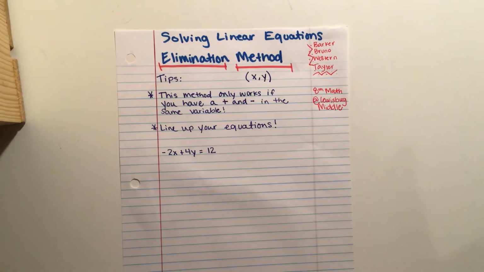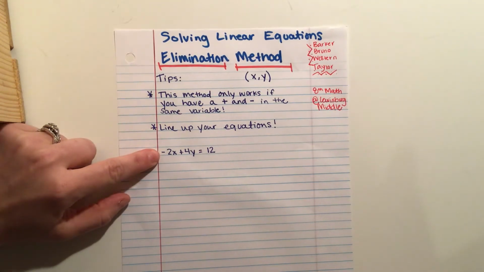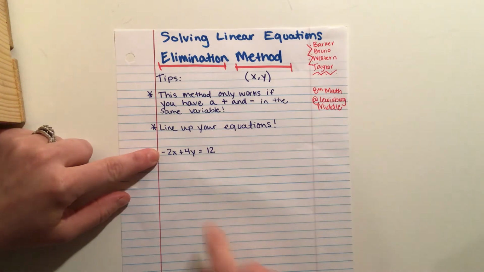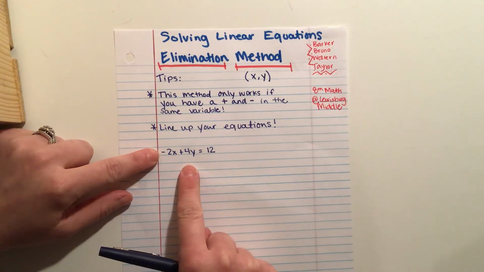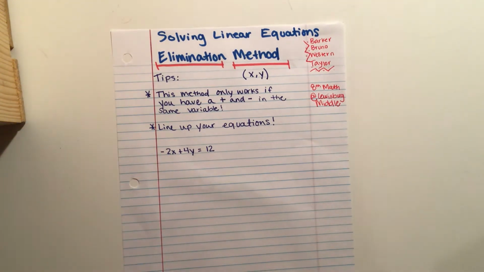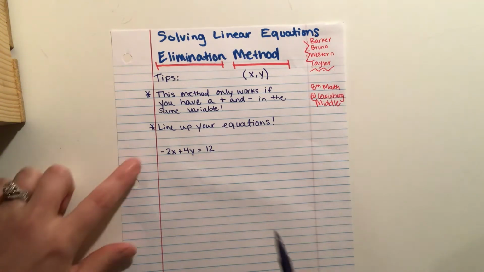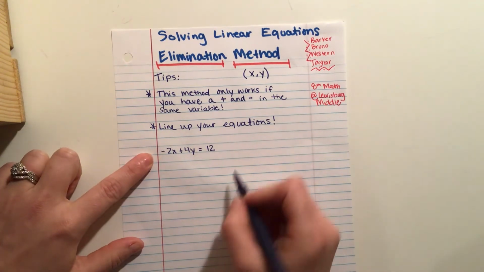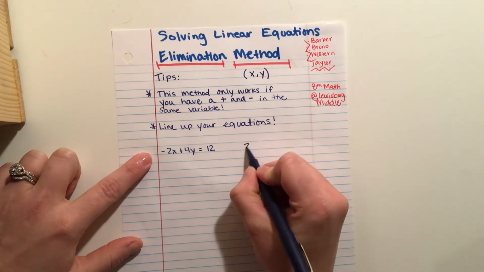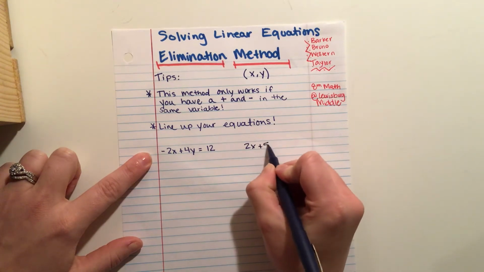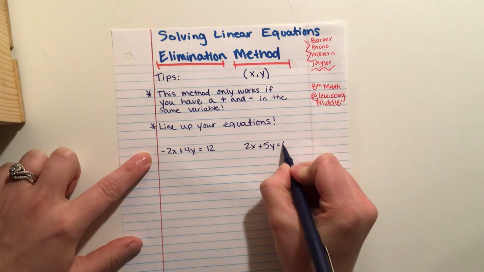My second equation needs to have a positive 2x or a negative 4y. This only works if your variable has opposite values, and it needs to be the same value. So let's say this is our first equation, and our second equation is 2x plus 5y equals 6.